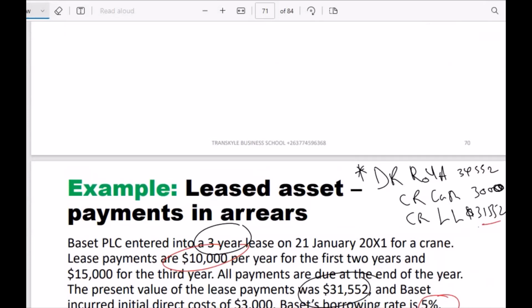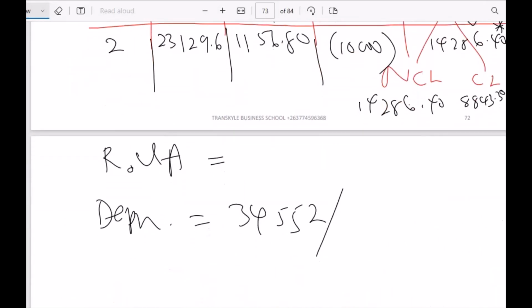It was for 3 years, so we divide by 3. Remember, we are using the cost model. So 34,552 divided by 3, and how much do we get? This calculator of mine is telling me that we get 11,570. So that's the depreciation for the year.